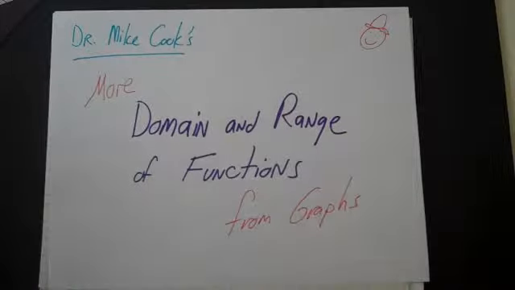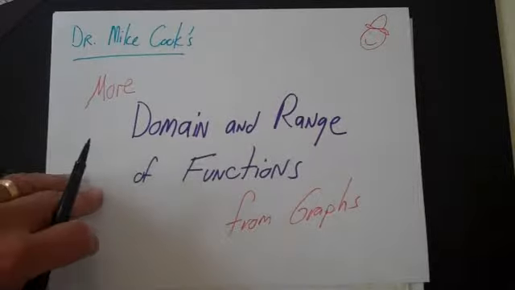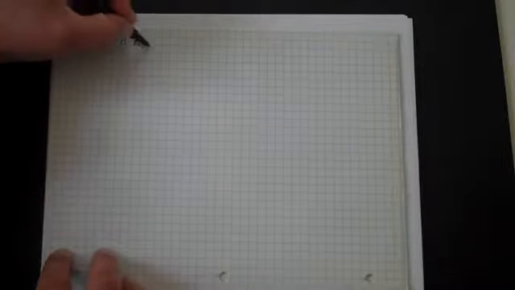Let's continue looking at domain and range of functions from graphs, and let's look at a couple more exceptions. The first one that you want to think about is what are called vertical and horizontal asymptotes.